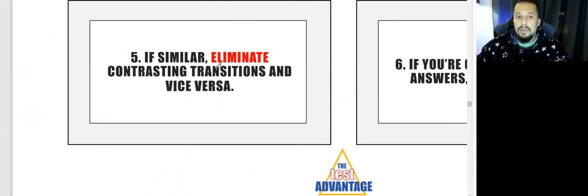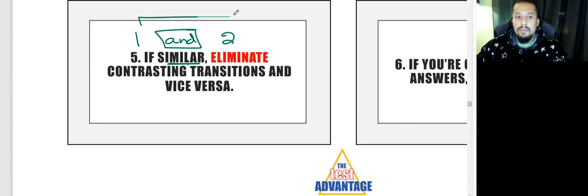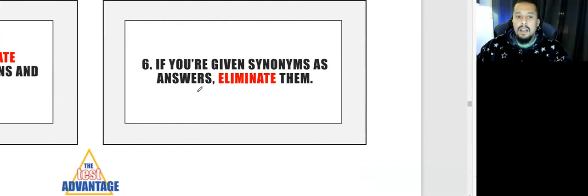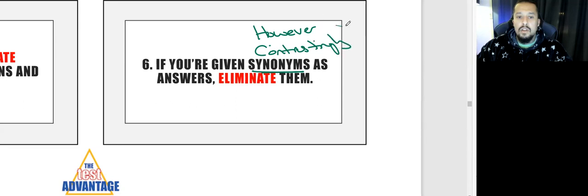Now, with regards to similar transitions, if there's idea number one and idea number two, the relationship between them is and, similar ideas. What do we do? Eliminate contrasting transitions. And if you're given synonyms as answers, so for example, we have as an answer however, and we also have the answer contrastingly, you can eliminate these two.